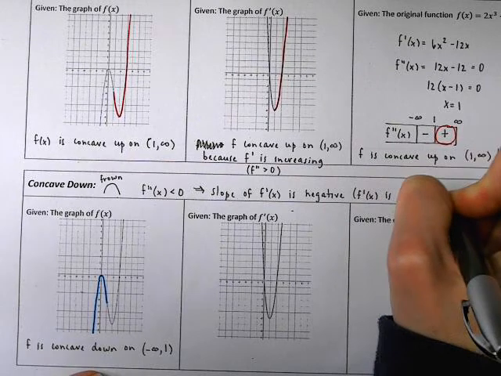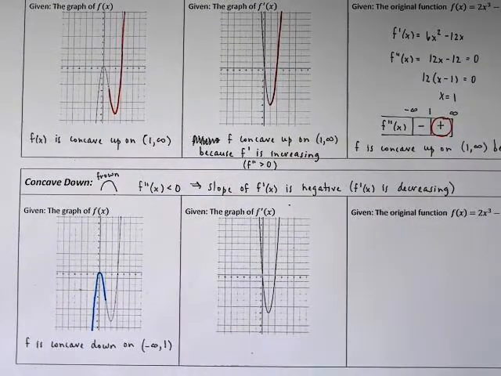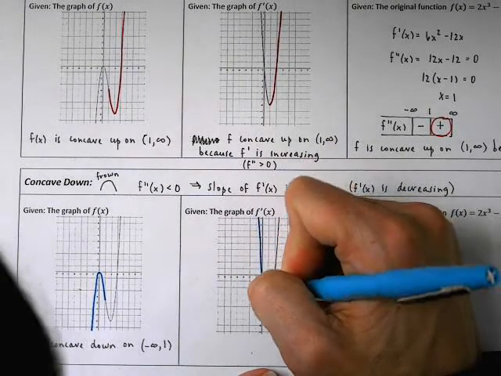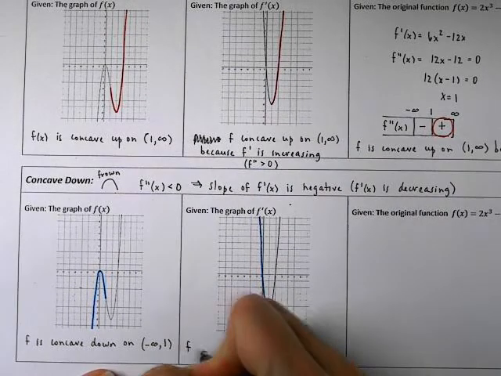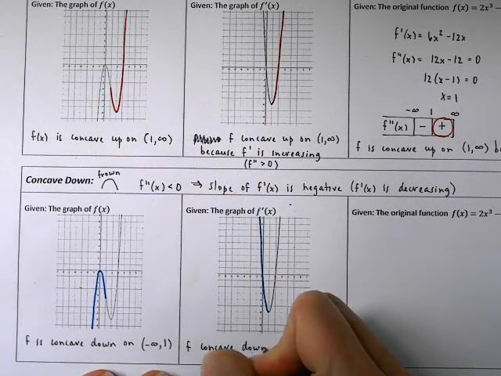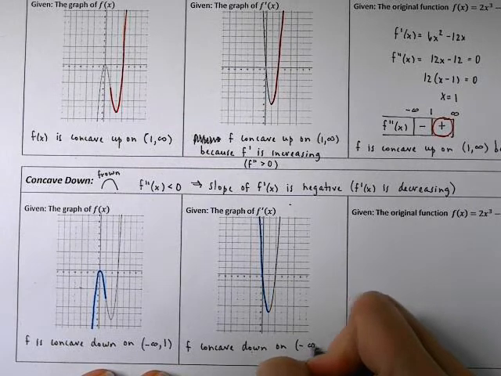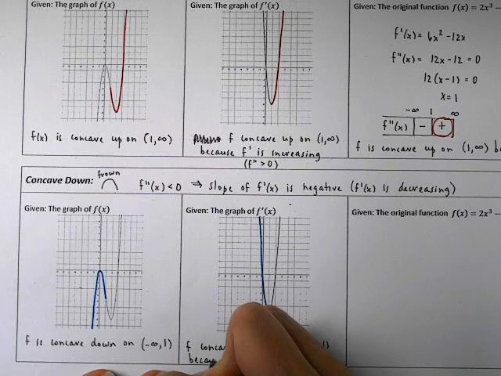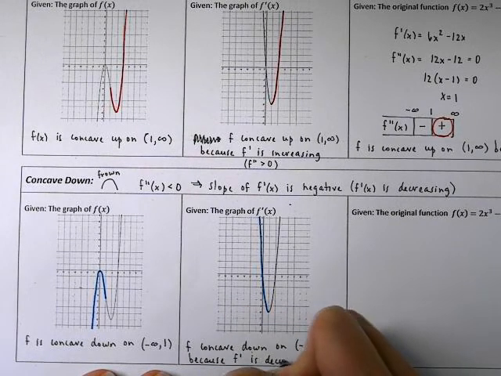I know that wherever f prime of x is decreasing is where I'm going to be concave down. So in this case, f prime of x is decreasing over this interval. So you would say f is concave down on the interval from negative infinity to 1 because f prime is decreasing.